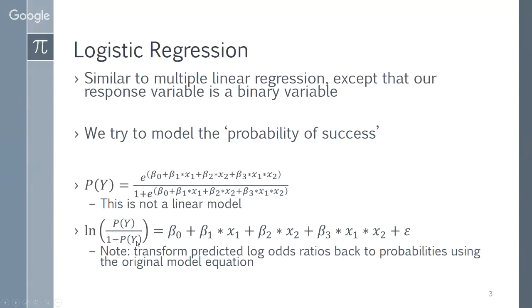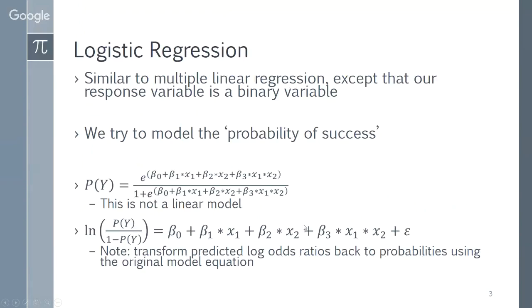That's the definition of odds. So this is the odds of success, and we're taking the natural log of the odds, so the log odds transformation. And if we do that, then on the right-hand side, we get something that we can do linear regression on.